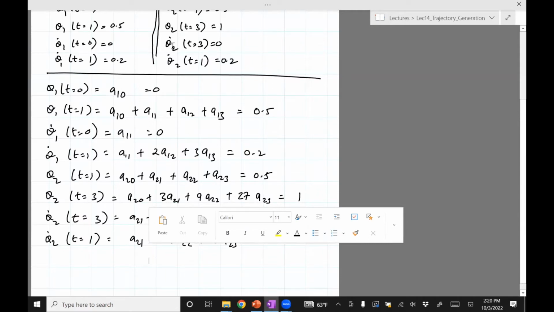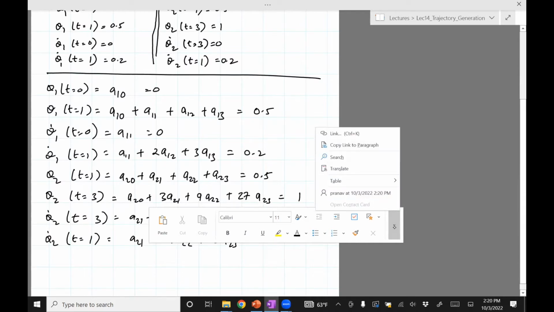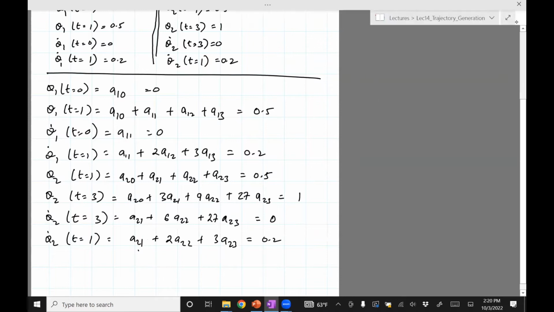So this gives us those 8 equations as 8 conditions, and there are 8 unknowns. The way you'll solve this is you'll try to write a matrix equation.